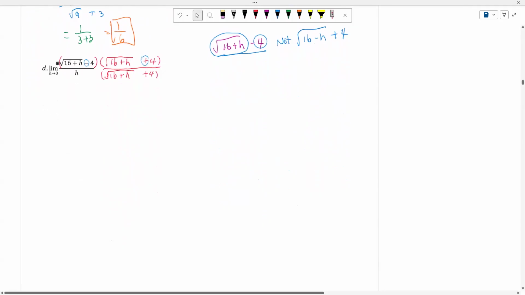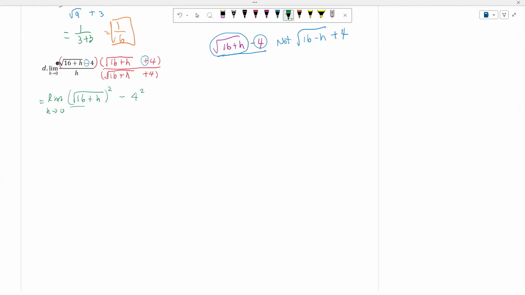If this is the case, then let's see how we work out the problem. Then I will have the limit as h approaches 0 of the square root of 16 plus h, squared, minus 4 squared, divided by h times square root of 16 plus h plus 4.